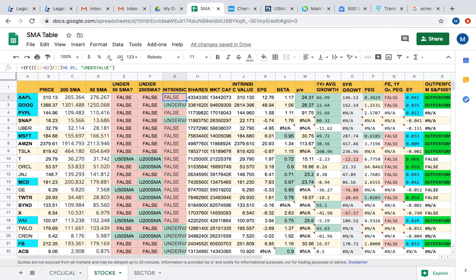My intrinsic value calculation is based on whether or not it's more than 5% undervalued from the intrinsic value, which is just the market cap divided by the number of shares versus the actual share price. It's a comparative between those two to let you know if there's something wrong with the valuation.